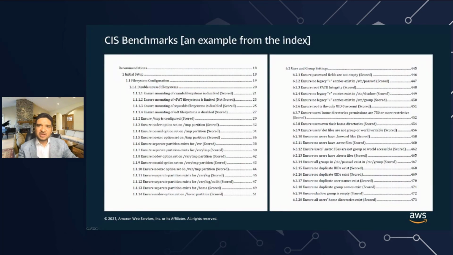Now, Raj explained the CIS level 1 benchmarks and how you can achieve them using AWS Config and conformance packs for the AWS infrastructure and services. But the one part we did not cover there was how you make sure that the same CIS level 1 benchmark is met for your operating system as well. With this example, I'm going to show you how you can automate that.